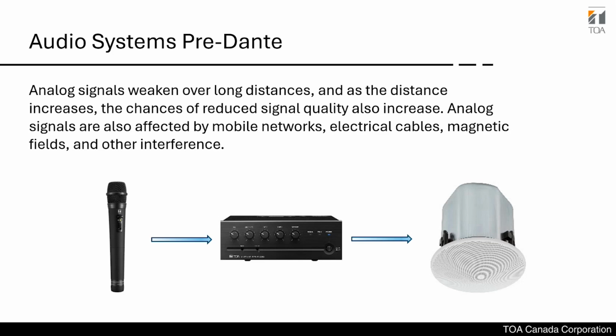If we are near a speaker and somebody has a phone call, we can hear the noise. Also, if you run the speaker cable or microphone cable next to an electrical cable, we will get hum noise. The same goes for magnetic fields: if there is more magnetic field, we will get more noise. And there are lots of other interferences.